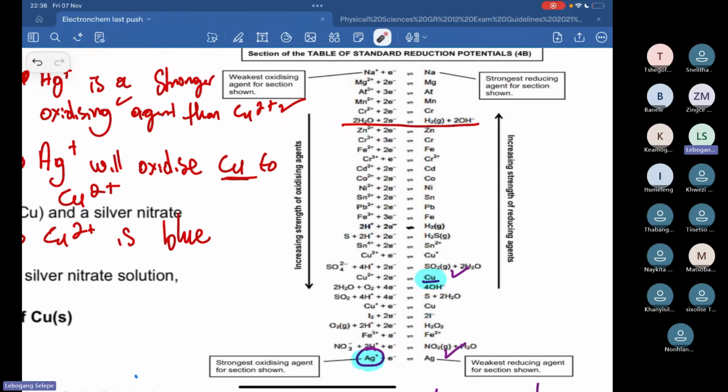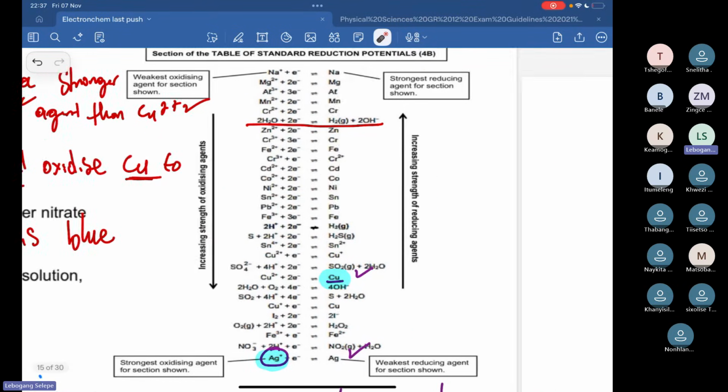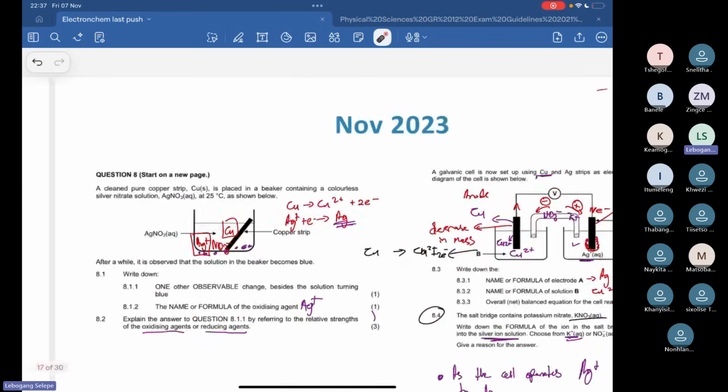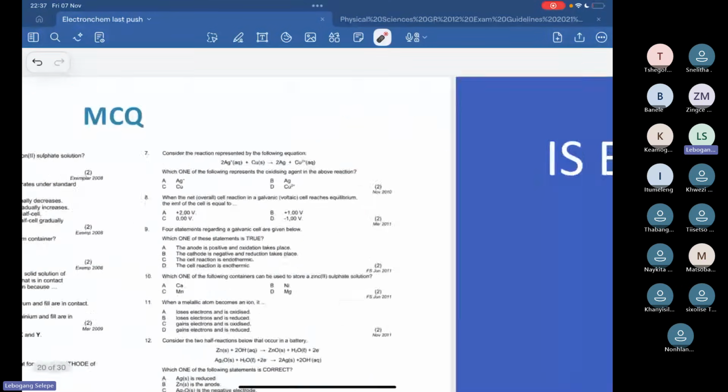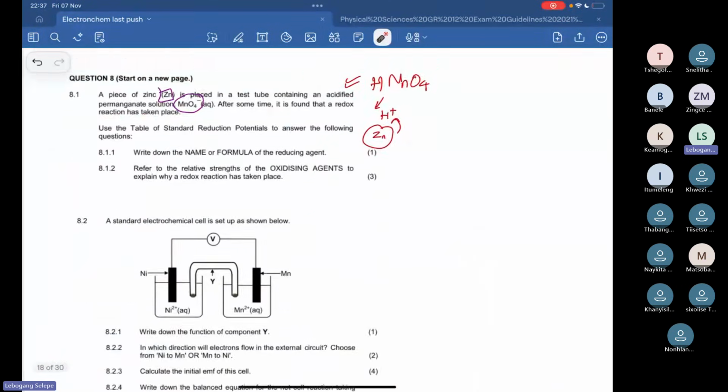So Mn, where's Mn? Mn is here. Where's Ni? Let's look for Ni. Ni is here. So as you can see, it makes Mn stronger than Ni, right? So this one would then donate electrons. So we know that Mn is the one that is actually donating, right?